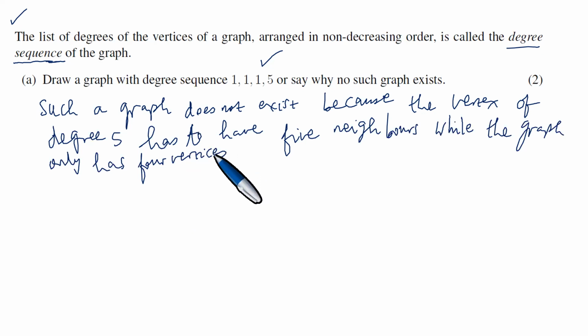So if you are supposed to draw a graph with this degree sequence, we see that such a graph does not exist. Why? Because the vertex of degree 5 has to have 5 neighbors, while the graph only has 4 vertices.